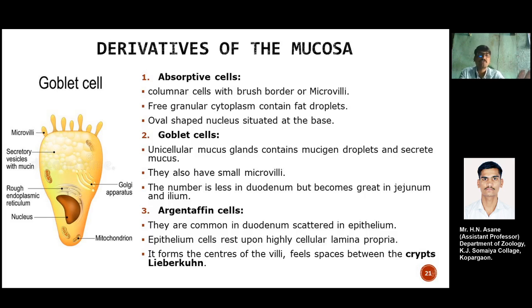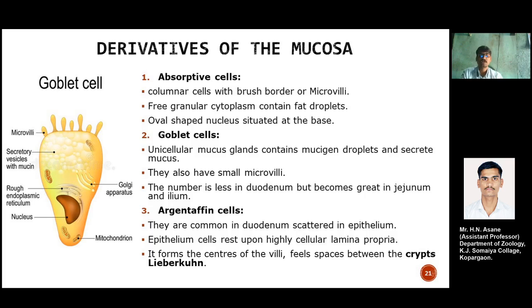Then it forms the centers of the villi, and those centers of the villi are occupied by these argentaffin cells and fill the space between the crypts of Lieberkuhn. The crypts of Lieberkuhn are formed when the mucosal layers form leaflet-like structures, and the gaps in between these leaflet-like structures are the crypts of Lieberkuhn.